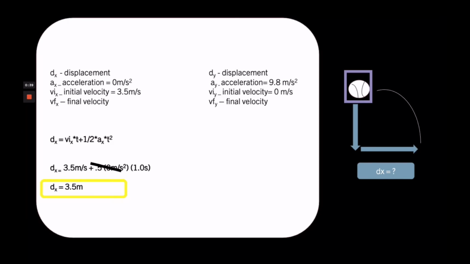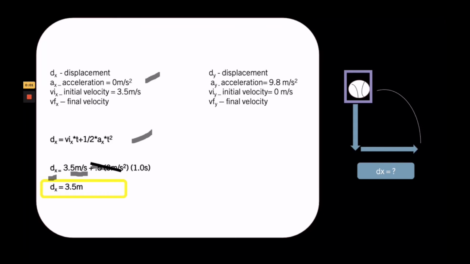Now that we know the value of time, which is 1 second, we are ready to solve for the displacement x. This is the equation we chose earlier to find the displacement x, so we simply substitute. dx is equal to 3.5 meter per second, our initial velocity for the x component, plus 0.5 times 0 meter per second squared. Remember this one. Times our time earlier, which is 1 second.